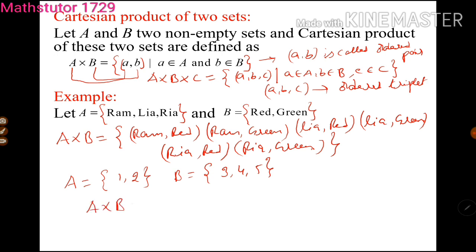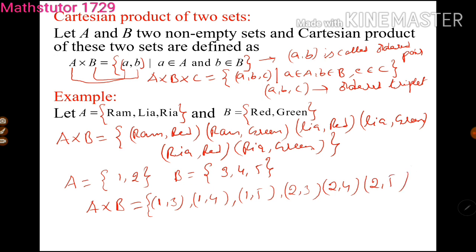A cross B equals the set of all elements (1, 3), and 1 is also associated with 4, (1, 4), and 1 with 5, (1, 5), and now come to 2: (2, 3), (2, 4) and (2, 5). This is the Cartesian product of these two sets.